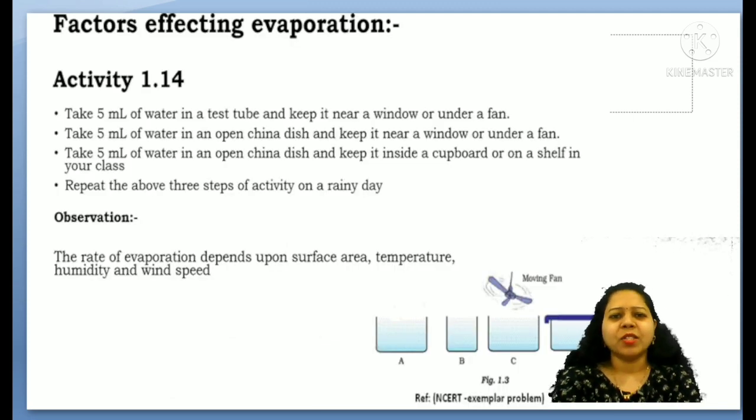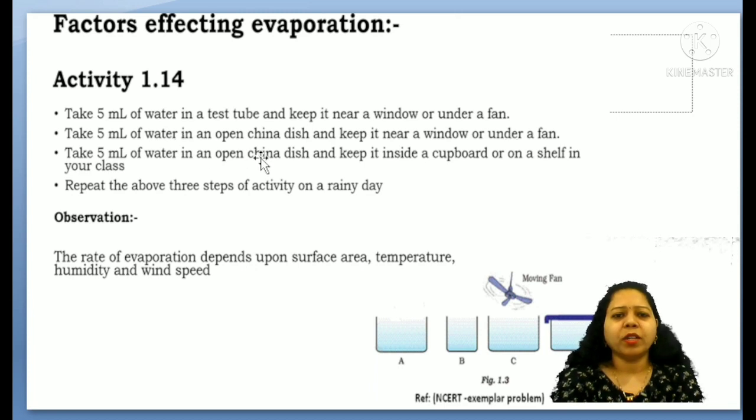There are some factors which affect evaporation. Which are those factors? We'll see. Factors affecting evaporation. Activity 1.14. Take 5 ml of water in a test tube and keep it near a window or under a fan. What we are doing here, we are taking 5 ml of water in a test tube and keeping it under a fan or near the window.